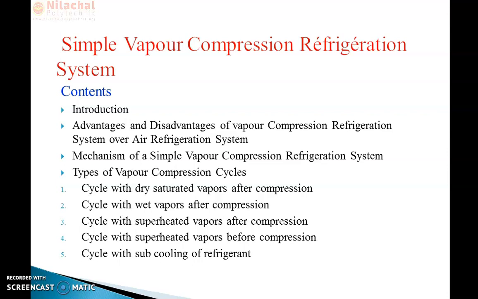First, the cycle with dry saturated vapor after compression. The cycle with wet vapor after compression. The cycle with superheated vapor after compression. The cycle with superheated vapor before compression. The cycle with subcooling of refrigerant. Let's start with the introduction.